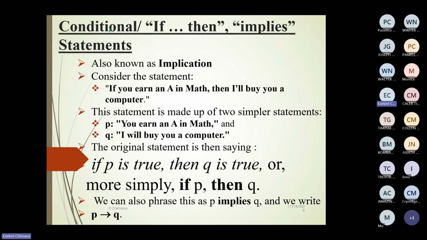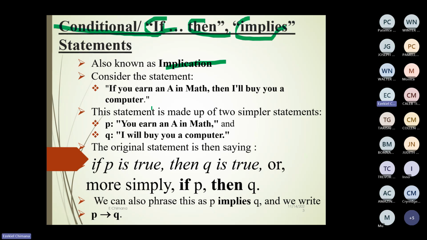Then let's talk about the if-then condition, or the conditional, the if-then or the conditional operation. We normally call it implies statements, also known as the implication. Consider the statement, if you earn an A in math, then I will buy you a computer. That's the implication.